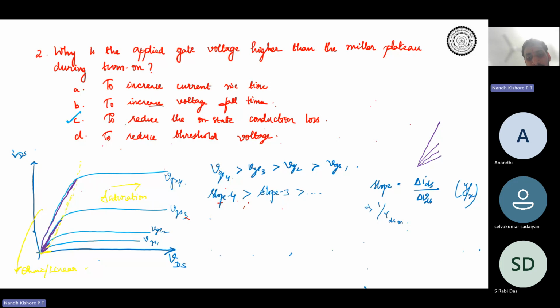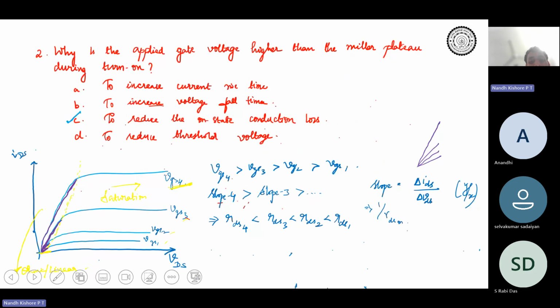Since the slope is 1 by RDS on, RDS on in 4 is less than RDS on in 3, less than RDS on in 2, less than RDS on in 1. So you want to operate the device somewhere around VGS4. You don't want to operate it at VGS3 or VGS2 or VGS1. So you want to operate at a high gate source voltage.